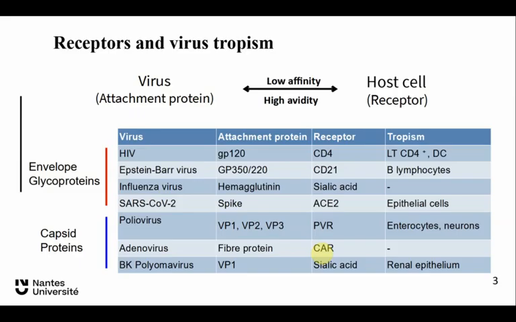And what about BK polyomavirus, which I know everything about, fortunately. For BK polyomavirus, it's sialic acid, but on another type of receptor, which are gangliosides. Gangliosides are kind of glycolipids. So you have ceramide here, and then some kind of sugar down there, maybe galactose.